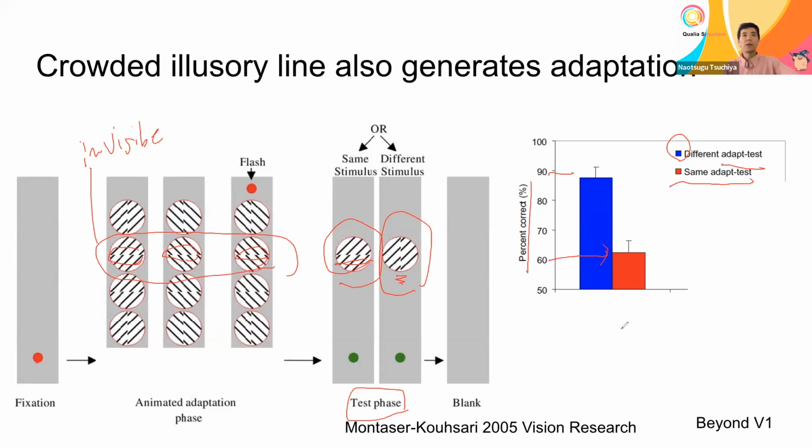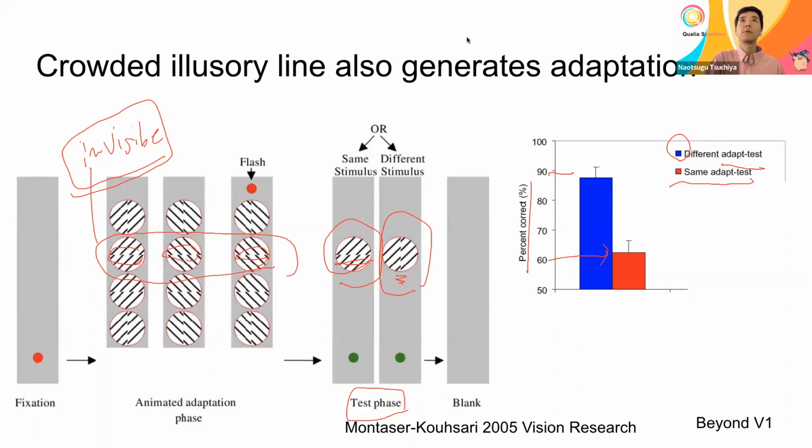So this was caused even though these were invisible. In this paper they didn't actually show it, but the level of the adaptation was more or less the same with or without awareness. But I need to actually check that.